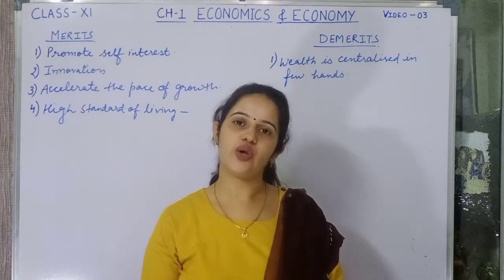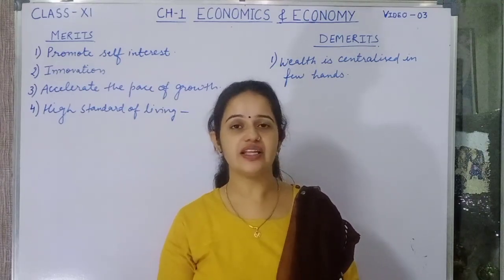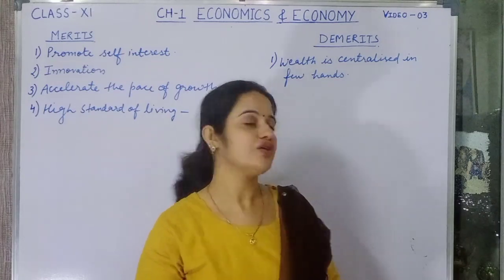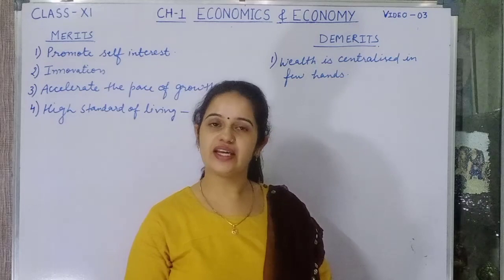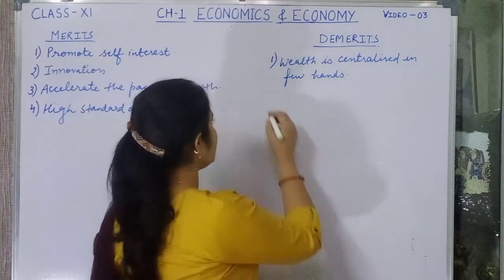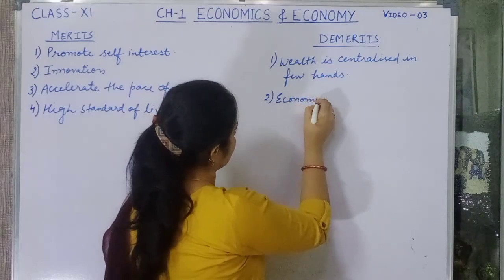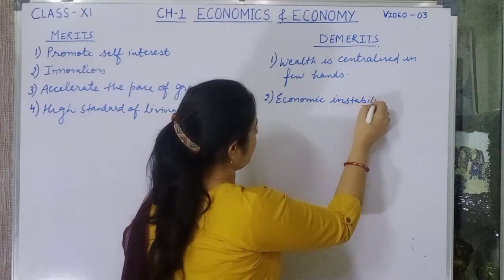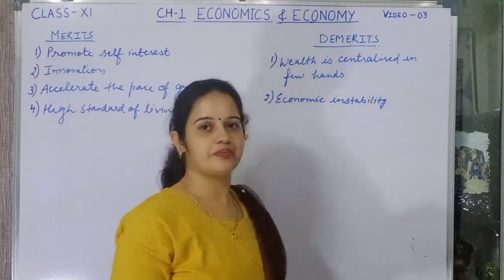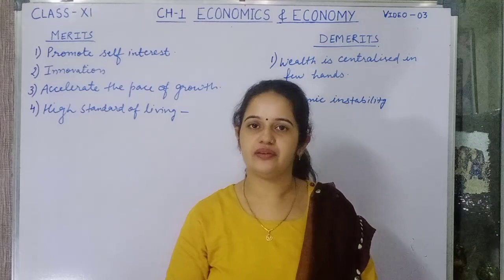So unequal distribution of income is there, as well as the powers are in the hands of richer society, so wealth is centralized in few hands. Second demerit is economic instability. It also leads to regional imbalance in development.